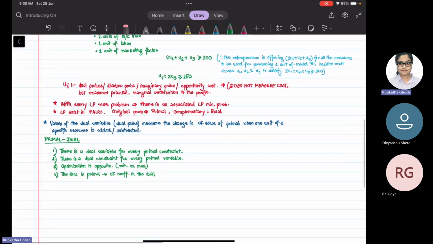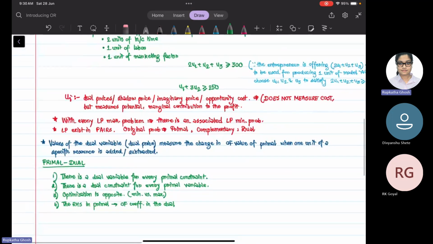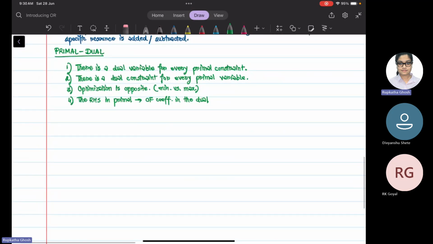For example, you had right hand side values as 40, 45 and 12. So these become your objective function coefficients in the dual. Similarly, the objective function coefficients in the primal become the right hand side in the dual.